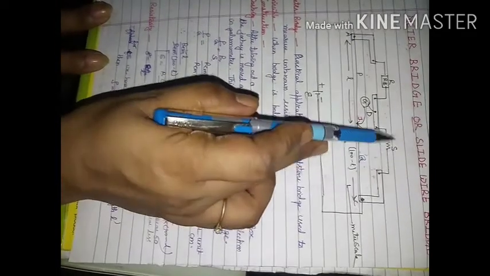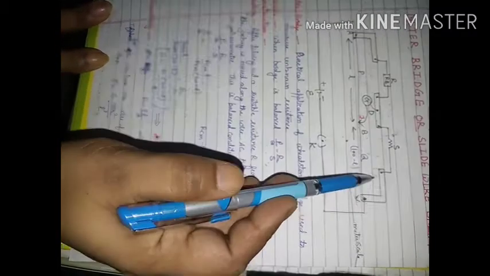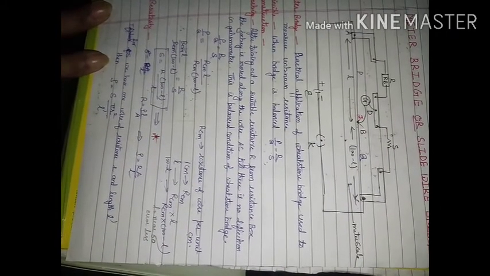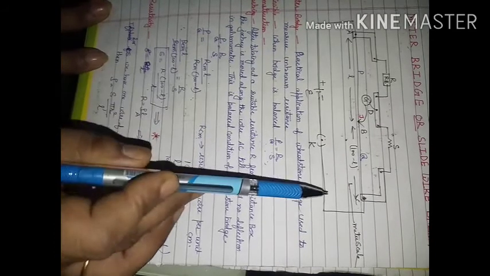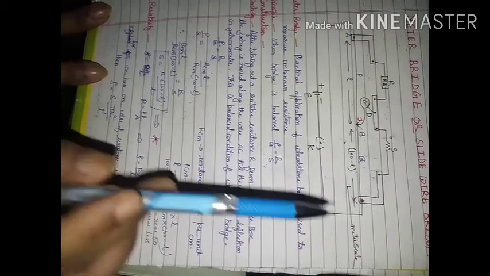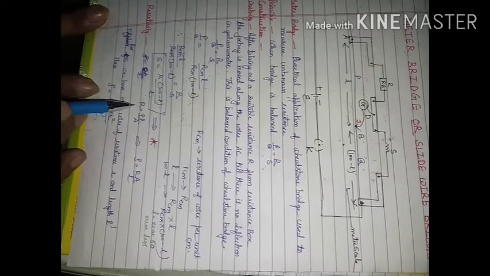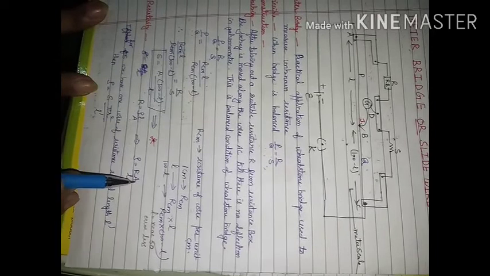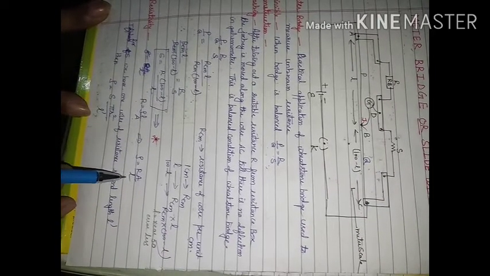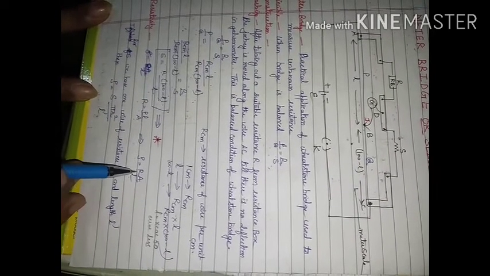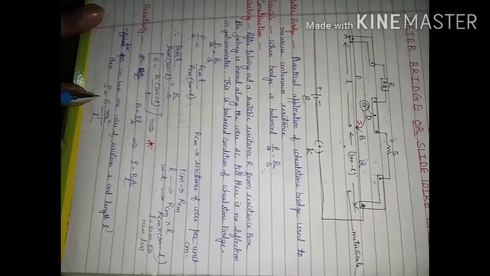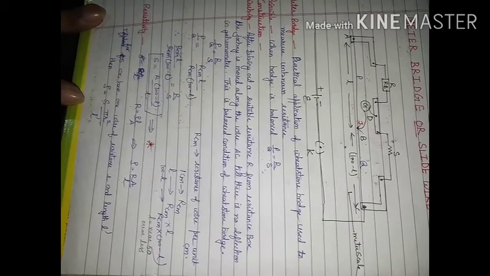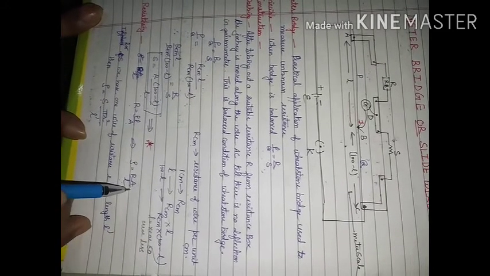If S is a wire and it is asked to find the specific resistivity of the material it is made up of, then this meter bridge can be used to find the resistivity of the wire also, because we know the formula for resistance is rho L divided by A. So rho will be RA divided by L. If for that particular wire the resistance is S, then this R will be replaced by S. With the help of a screw gauge, you can find the radius of the wire.